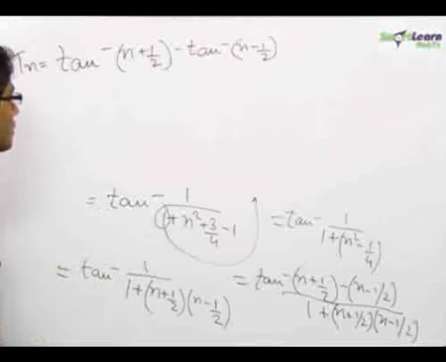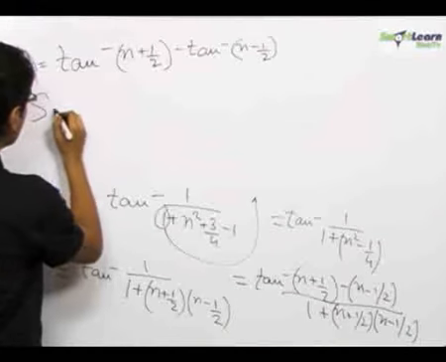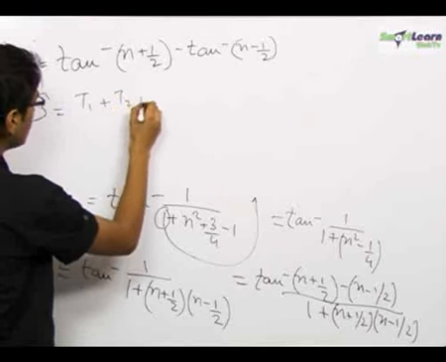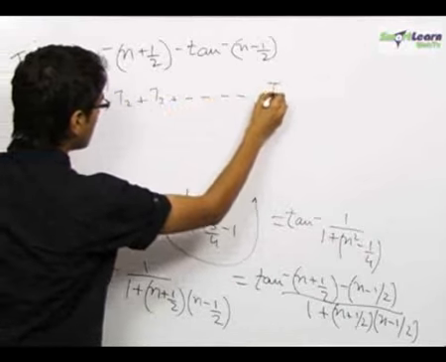Now this is the nth term of the series, and the sum of the series can be written as t1 plus t2 plus t3 up to tn.